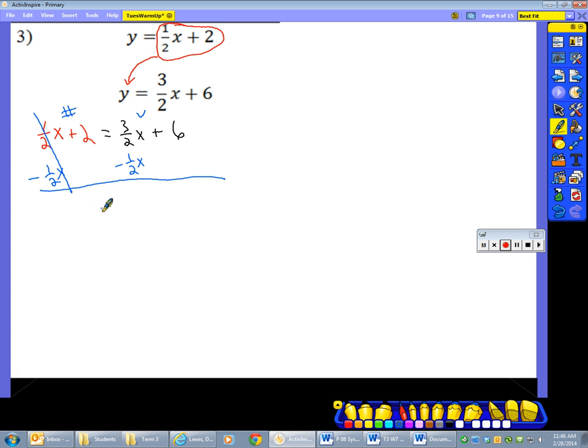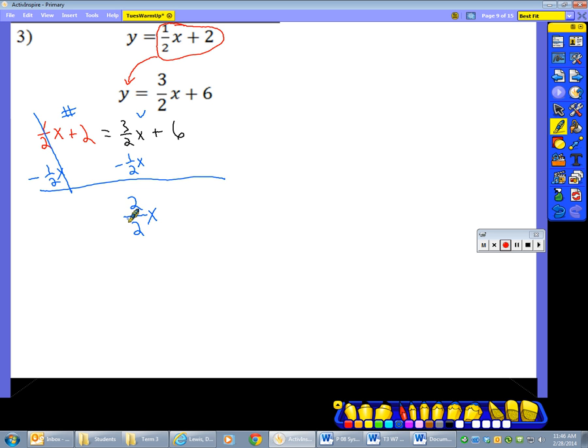Okay, so now this is when you have to think back to 5th and 6th grade. When I am subtracting fractions, they have to have a common denominator. And in this case, they have a common denominator. They're both 2. So now all I do is I subtract the numerators. So I have 3 minus 1 equals 2. And my common denominator is 2, and don't forget about the x on there.